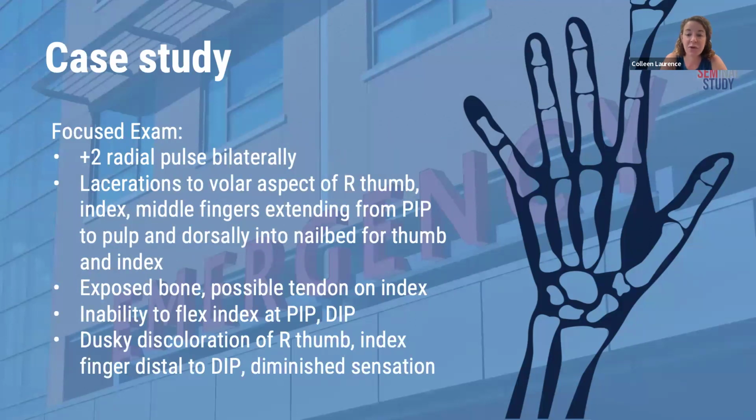He has limited range of motion at the PIP and DIP, as well as dusky discoloration of his fingers distally and diminished sensation. You, of course, get an X-ray, and this demonstrates a highly comminuted fracture of the right index finger extending proximally from the right DIP joint, with associated soft tissue swelling of the right index finger, as well as the right thumb and middle fingers.